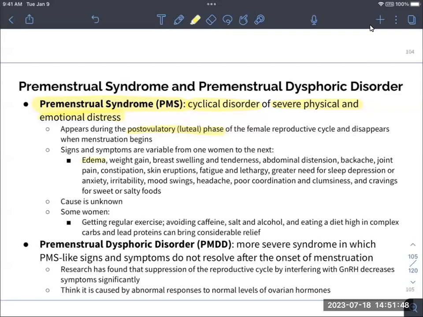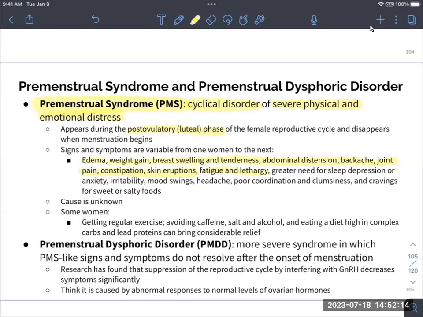There can be edema, so collection of fluid outside of tissues. Weight gain, breast swelling and tenderness, abdominal distension, headache, joint pain, constipation, skin eruptions, acne, fatigue, lethargy, sleep or anxiety, mood swings, headaches, because hormones are kind of all over the place.